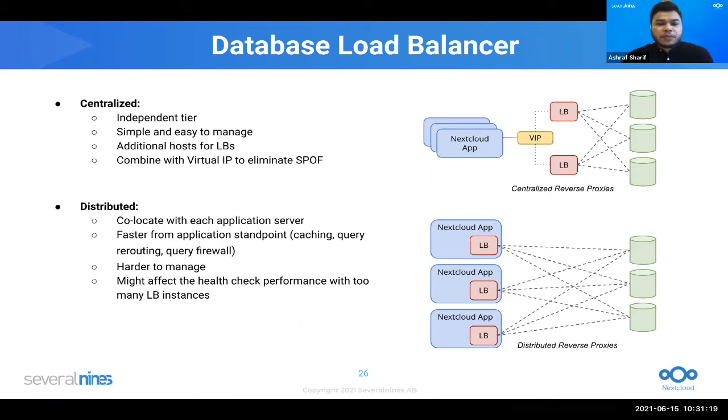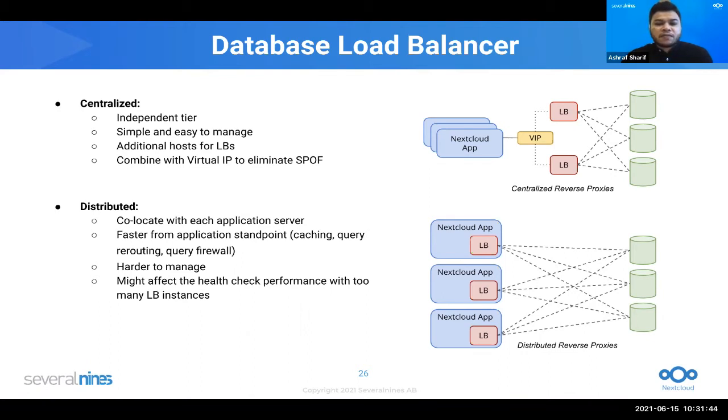In a distributed topology, people tend to use IT infrastructure automation tools like Chef, Puppet, Ansible to streamline and automate the deployment and management of multiple load balancer instances. When co-locating with the application server, you bring the reverse proxy layer closer to the application and eliminate the single point of failure.